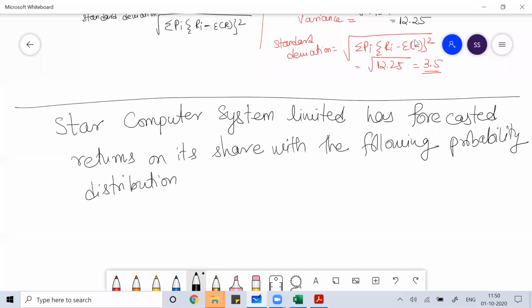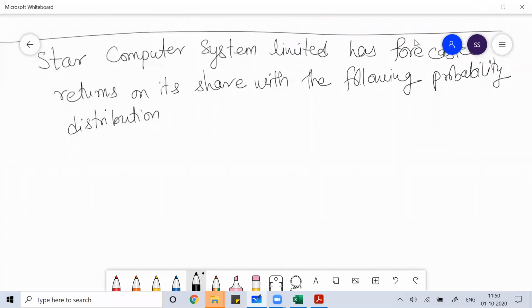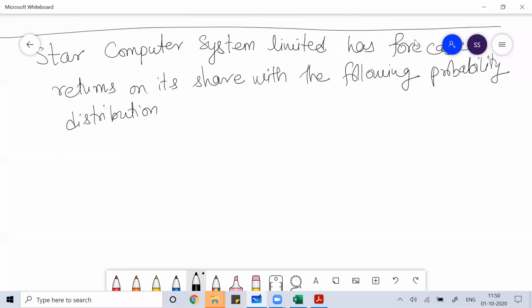Star Computer System Limited has forecasted the return on its share with the following probability distribution. So write down this question.